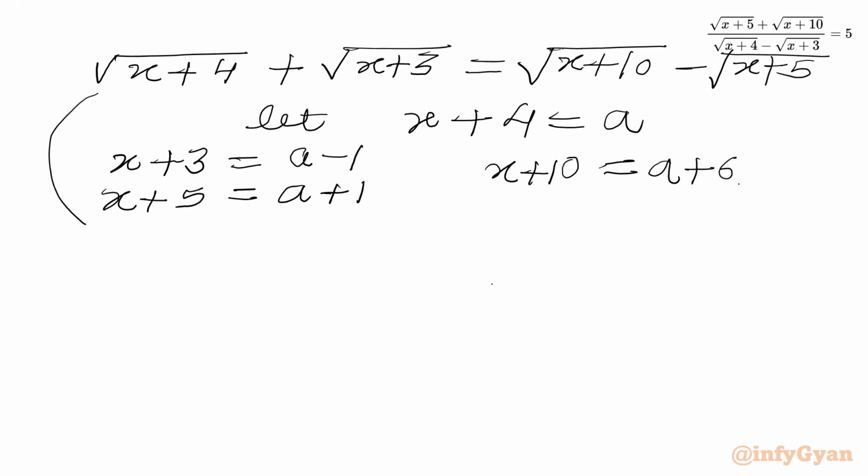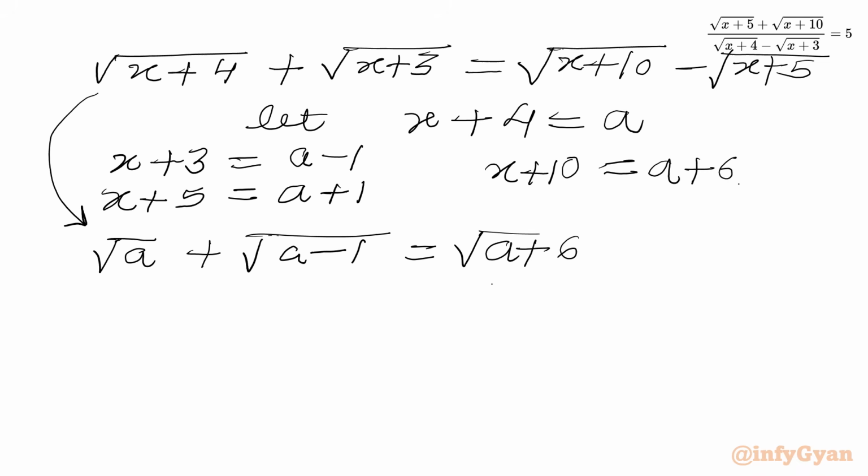So our equation will transform into variable a. We will get square root a plus square root a minus 1 equal to square root a plus 6 minus square root a plus 1.